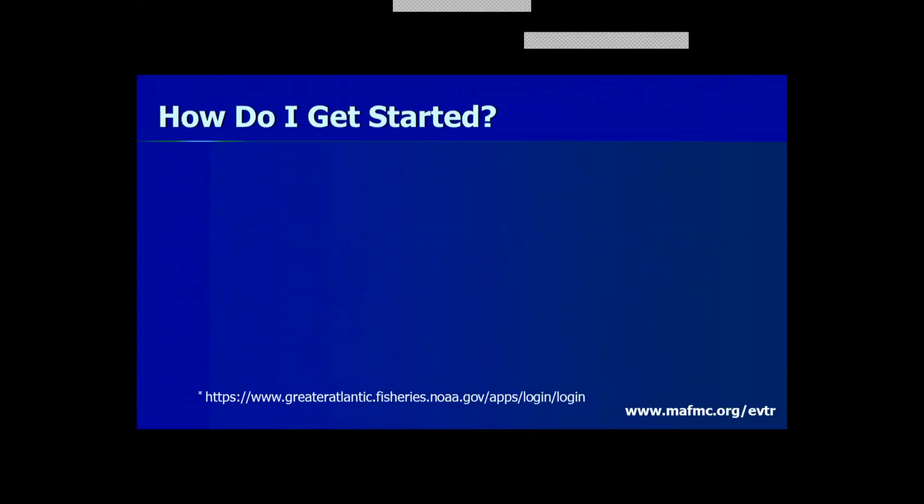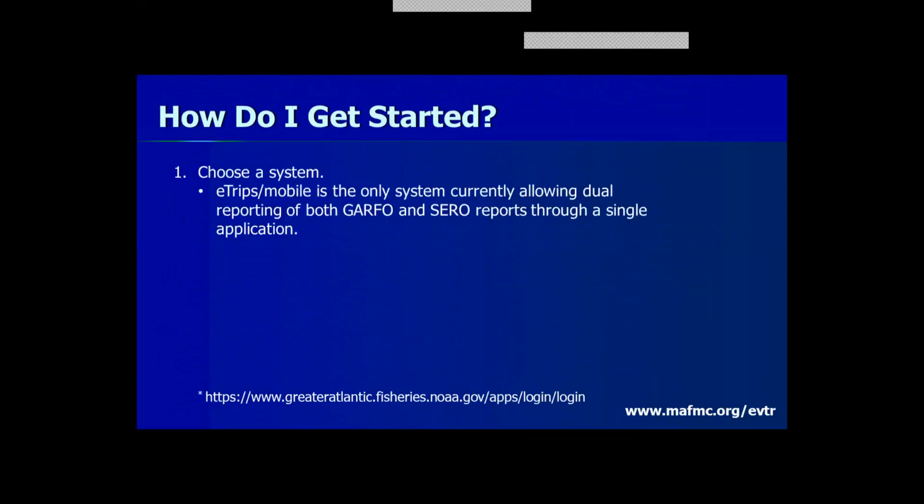So how do you get started before you even start with the eTrips mobile version 2? You choose a system. In this case, we're going to be talking about eTrips. Right now, and this will change as time goes on, eTrips mobile is the only system that is currently capable of doing the dual reporting for both the GARFO and the SERO Southeast region reports through a single application.